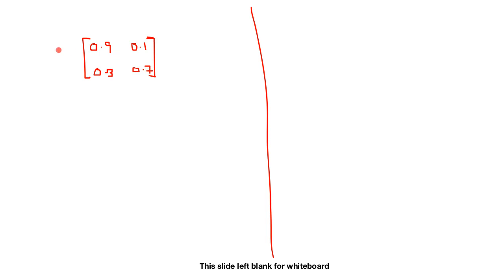So we multiply this by x and 1 minus x, and this should also give us the same because we are looking at equilibrium, x and 1 minus x.